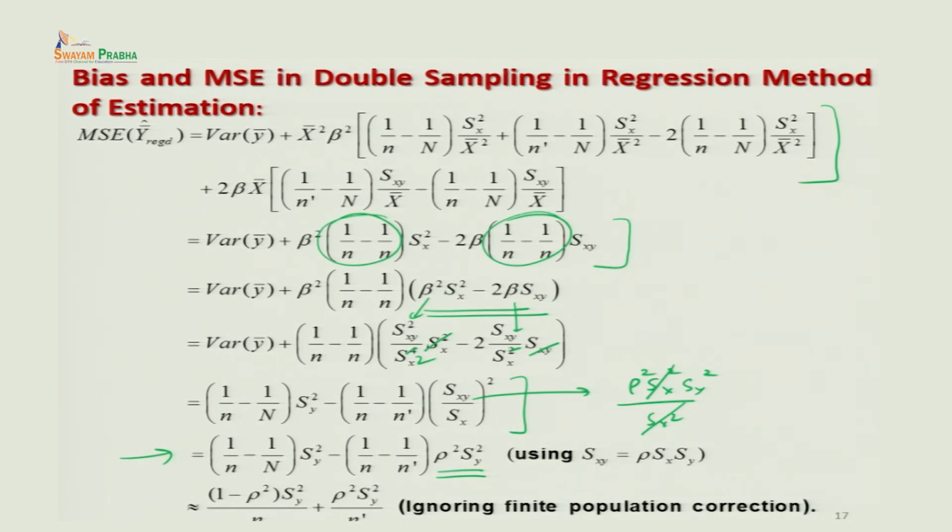So, now you can write the terms involving 1 upon n and 1 upon n prime, and then the term related to 1 upon capital N, I am just trying to ignore it, right, and approximate it, because I want to do the same algebra which I did in the case of ratio estimation in the double sampling, but I would like to find out the optimum values of small n and small n prime.